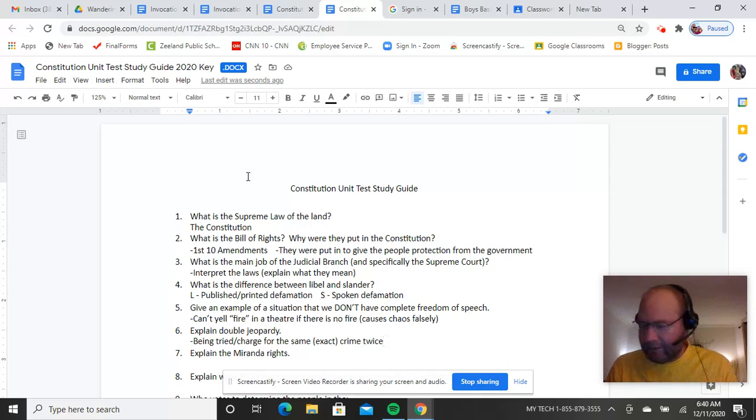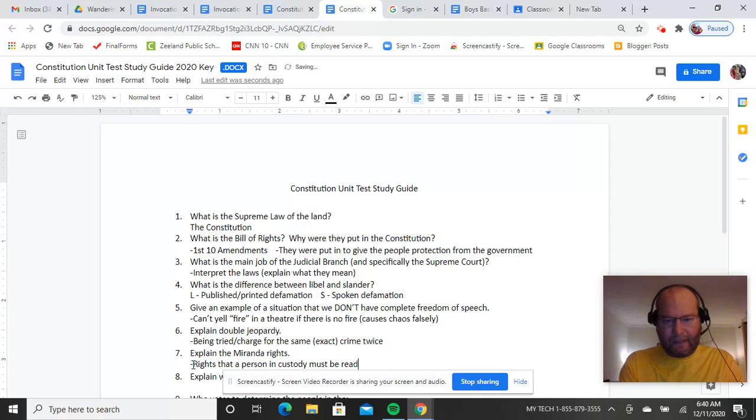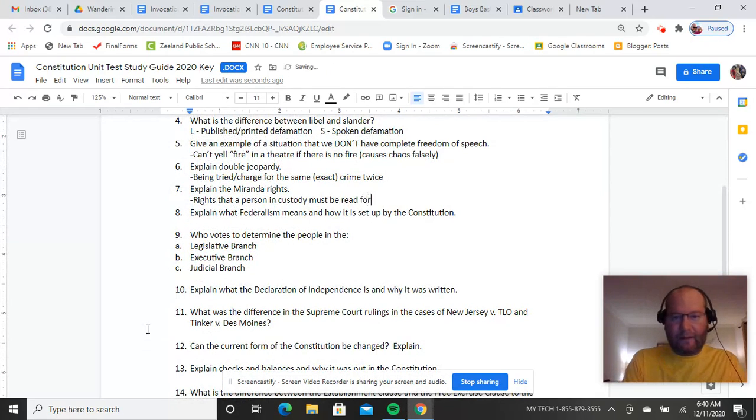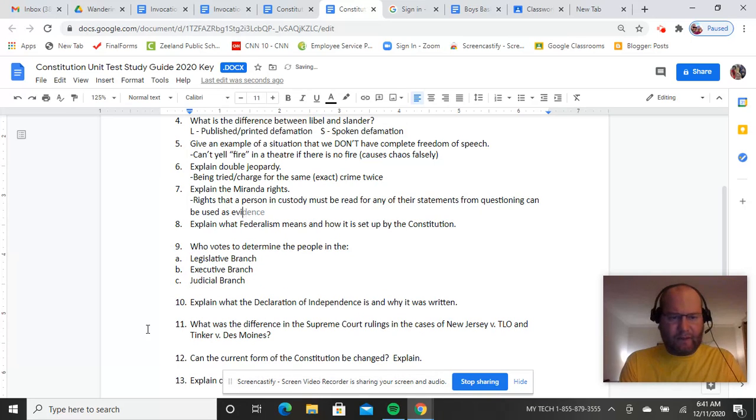All right, explain your Miranda rights. Well, really, these are the rights that a person in custody must be read, for any of their statements from questioning to be used as evidence.